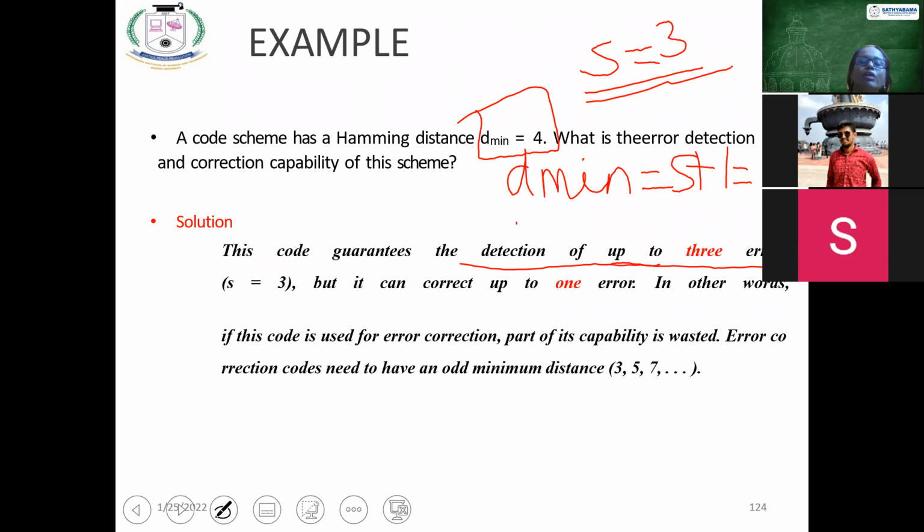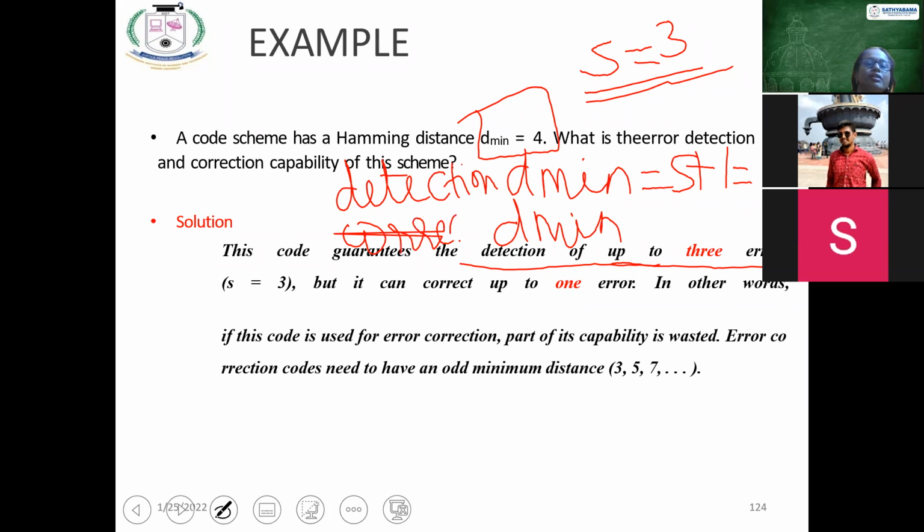Now D minimum equal to one more. This is for detection. Is it clear? And this is for correction. Correction, D minimum equal to, we all know, 2t plus 1.